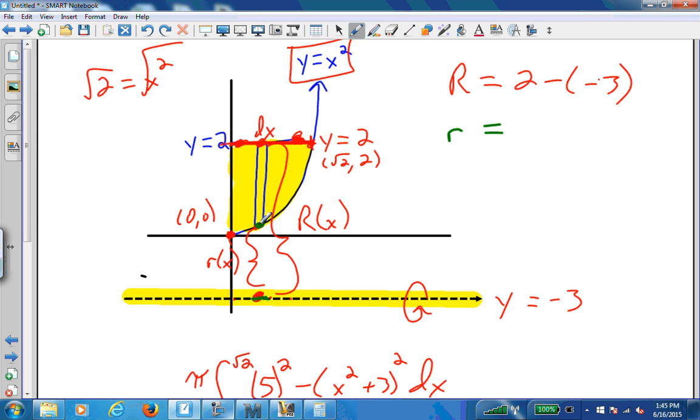So this y minus this y value, negative 3. Notice this y is changing, and it's given by the function y equals x squared.